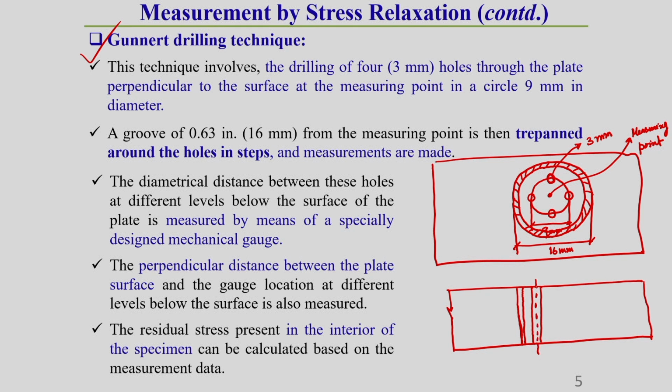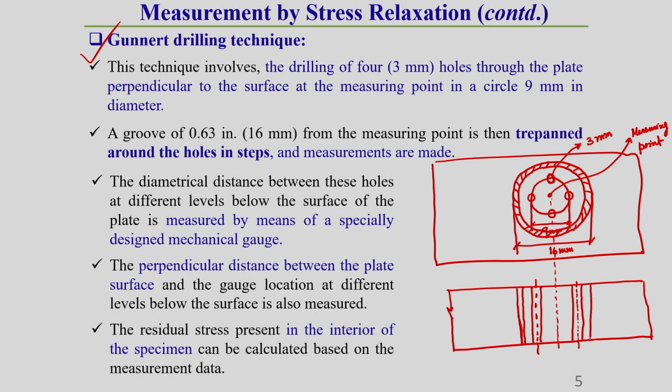This is the 3 millimeter hole. This is the center distance, and this side also there will be a 3 millimeter hole, because this is the side view through the thickness. So, this is also a 3 millimeter hole.